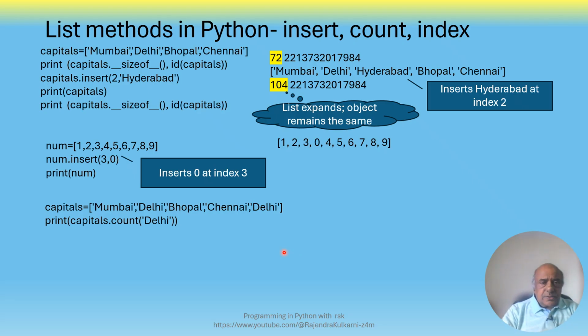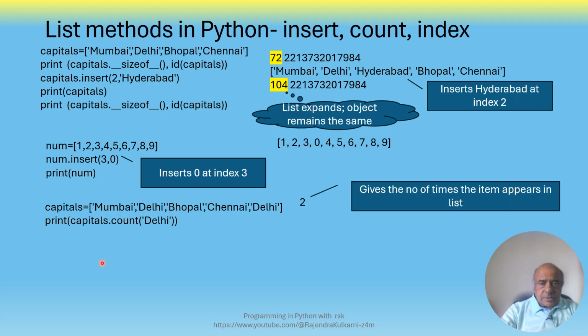Then there is the method dot count, capitals dot count Delhi. We can see in this list Delhi appears 2 times. Dot count gives us the number of times an item appears in the list.